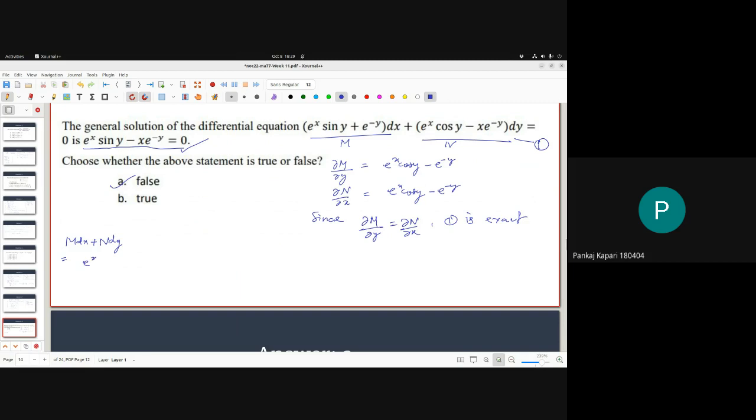We will take the exponentials on one side: e to the power x sin y dx plus e to the power x cos y dy, and plus e to the power minus y dx minus x times e to the power minus y dy. This is equal to 0.